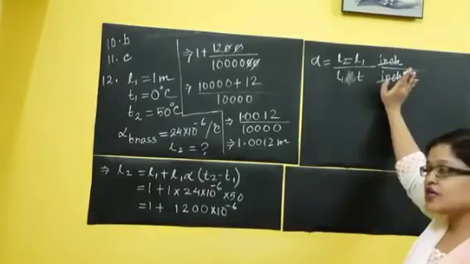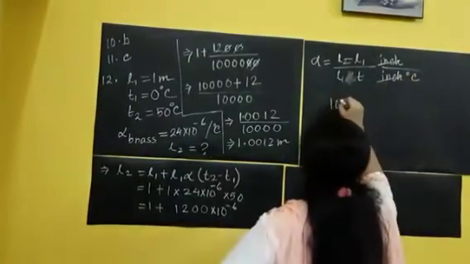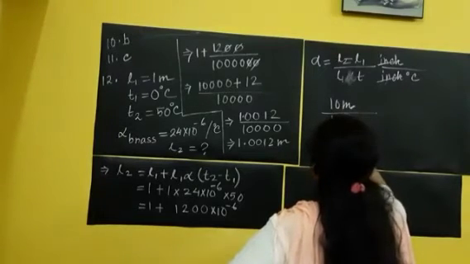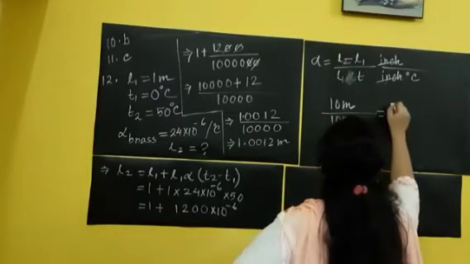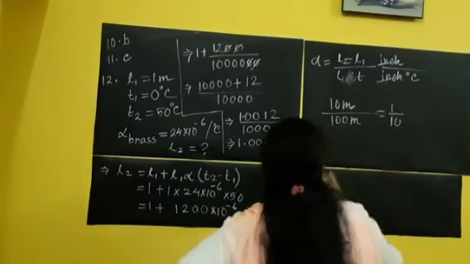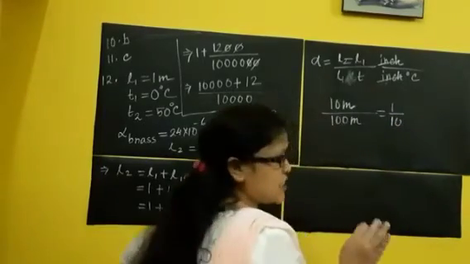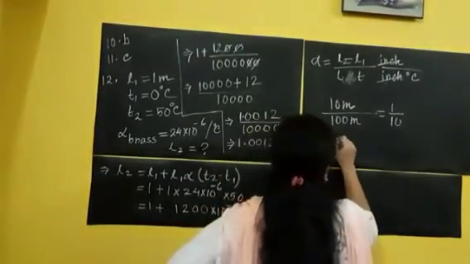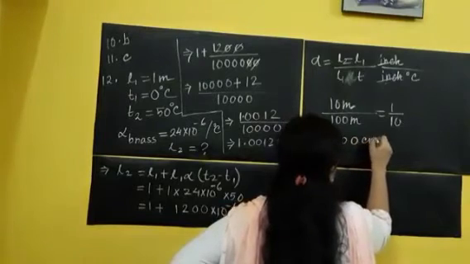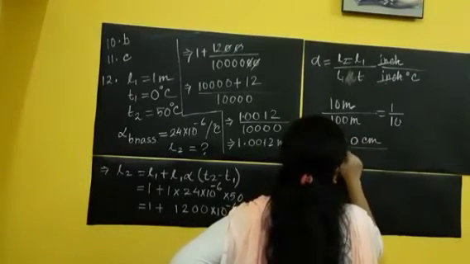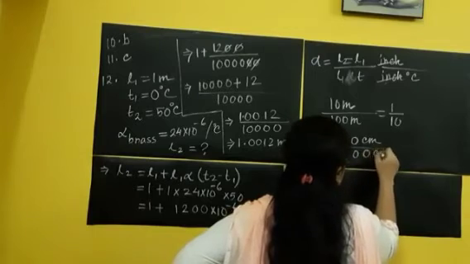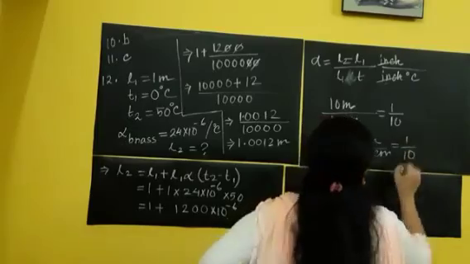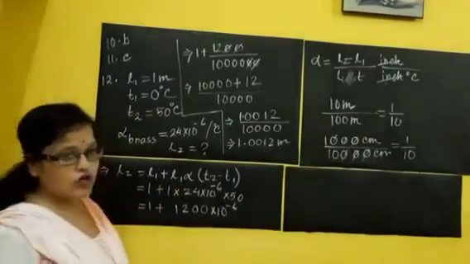Suppose first you are measuring 10 meter by 100 meters. So the ratio is 1 by 10. Now I am converting my unit meter to centimeter. So 10 meter will be 10 into this centimeter and 100 will be this centimeter. See, again the ratio is same. So it will not affect the value of alpha.